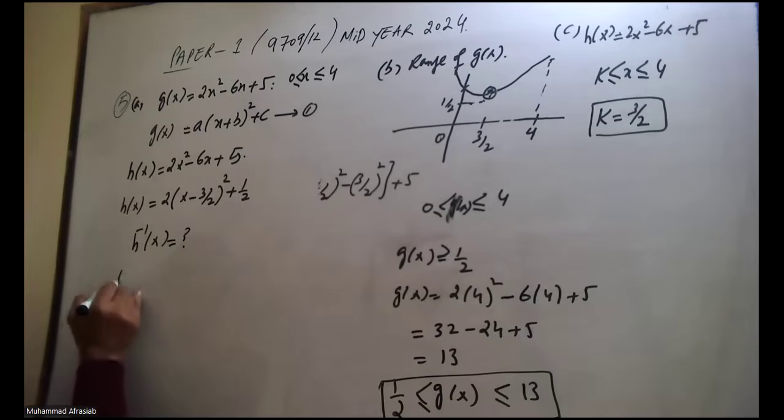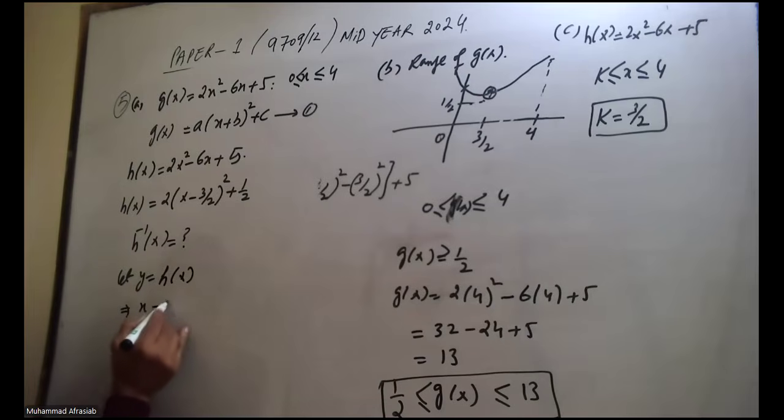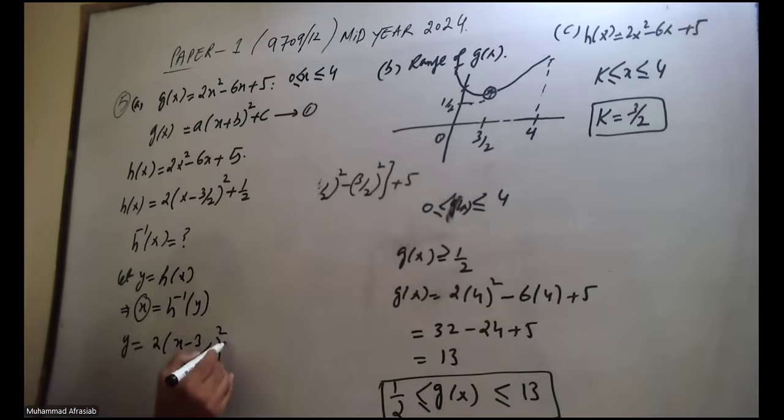So we can suppose let y is equal to h(x), then x is equal to h inverse of y. So you are going to make x the subject from this equation. So let's say y equals 2 into (x − 3/2)² plus 1/2.